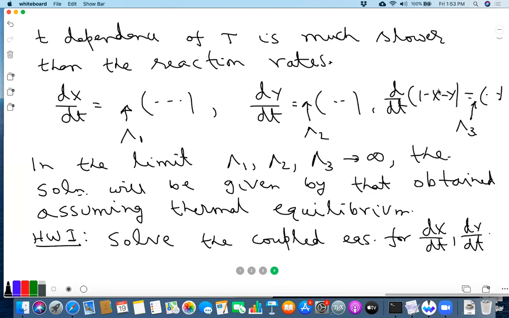That's something that you can in principle verify by solving this. But I'll just assume that this is true and see what happens. We'll see that the equations can be further simplified if you make that assumption.